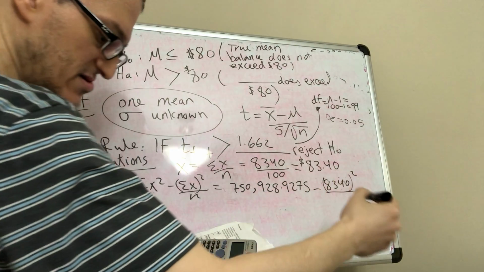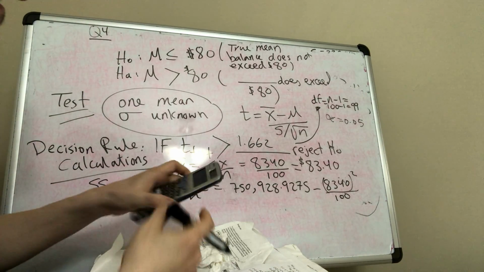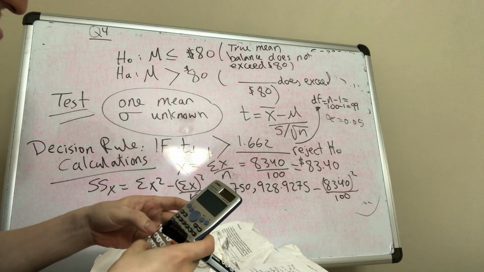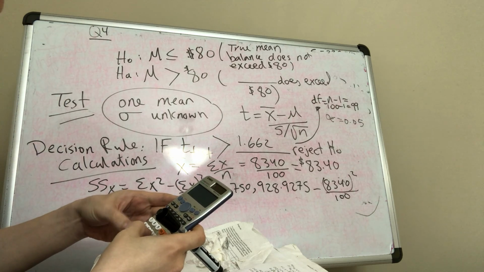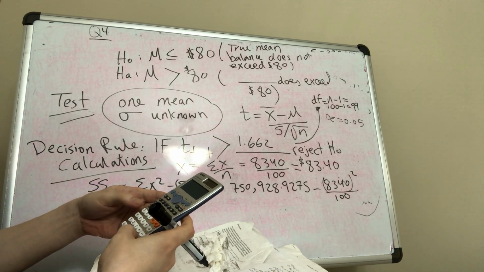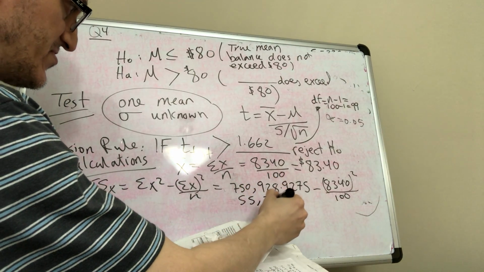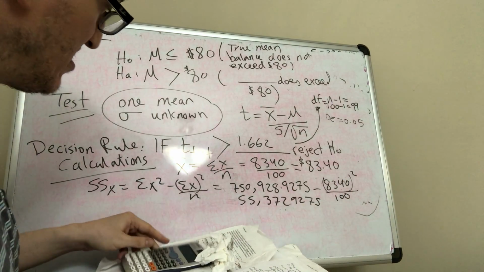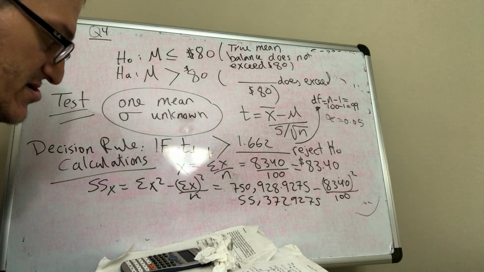You square this and you divide by 100. So you take the calculator, 750,928.9275 minus 8340 squared over 100. And that gives you 55,372.9275. That's your SSX, total variations.